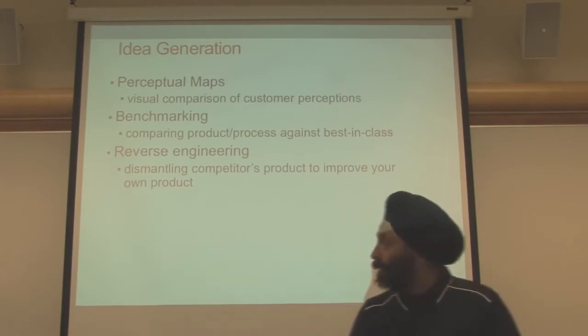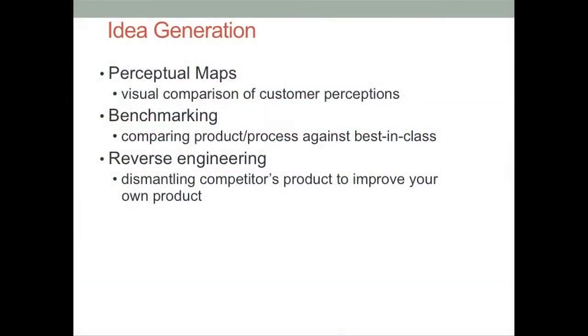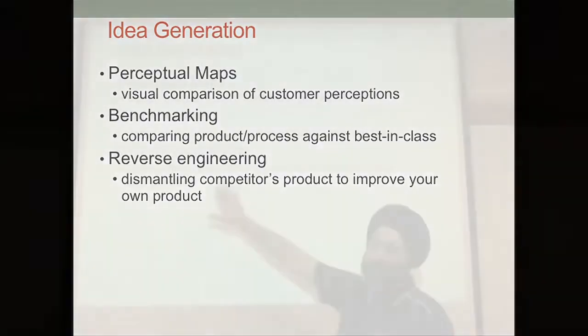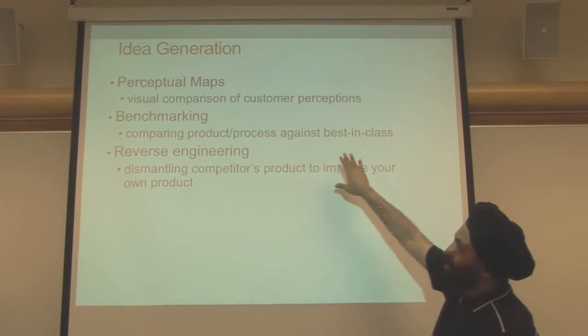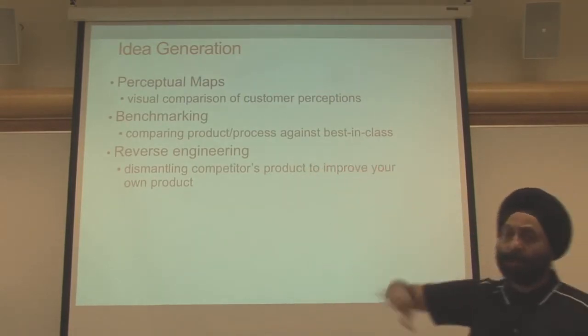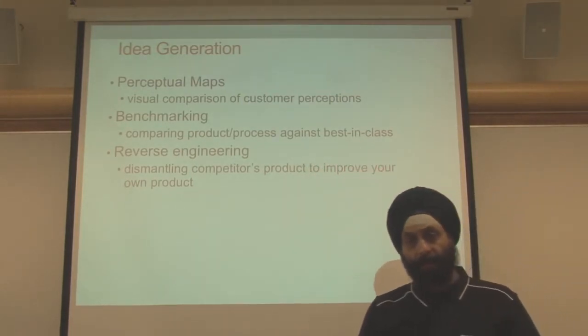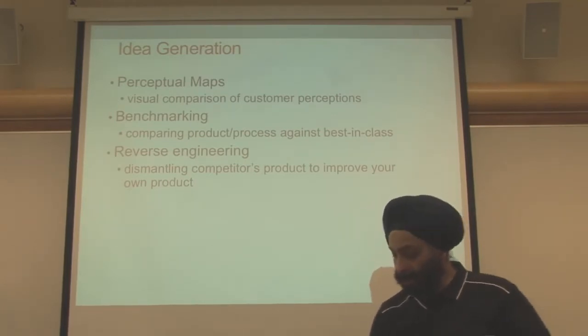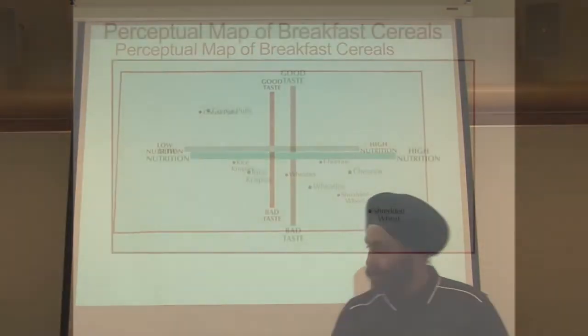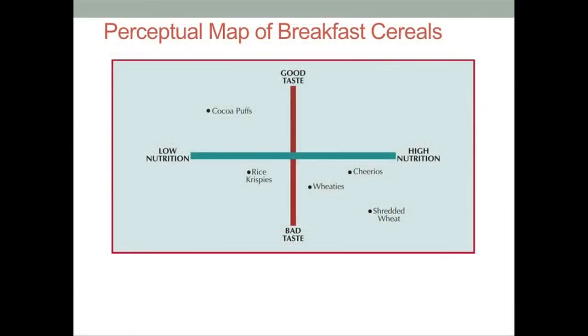And in this idea generation phase, you have several tools. I mentioned reverse engineering earlier, but we'll start off with a perceptual map, which is visual comparison of customer perception on a few scales which are important. In this case, this is an example of a perceptual map of breakfast cereals.